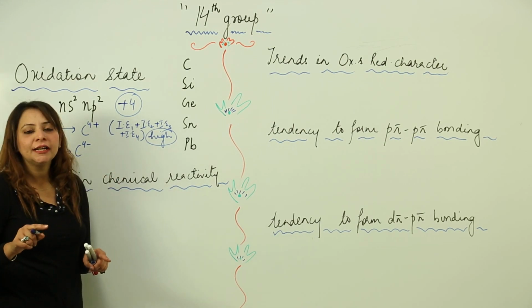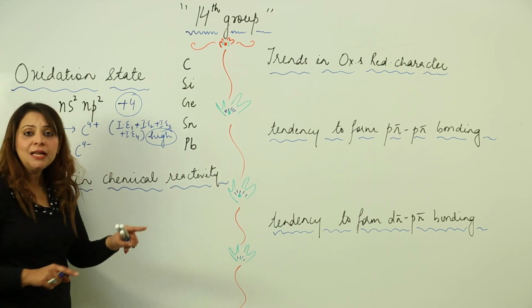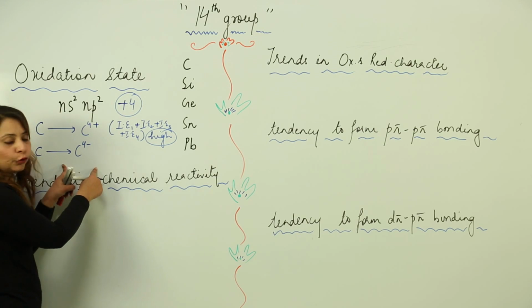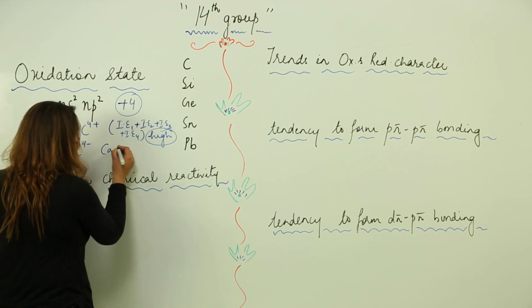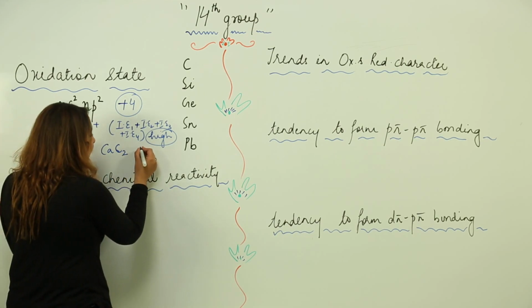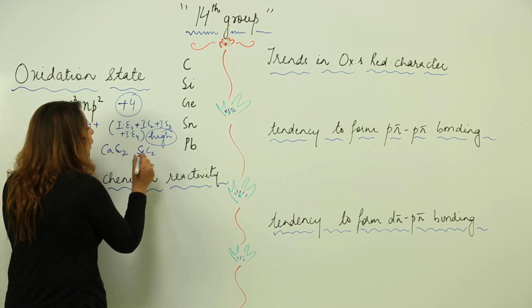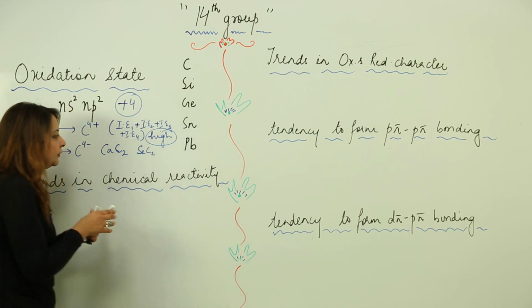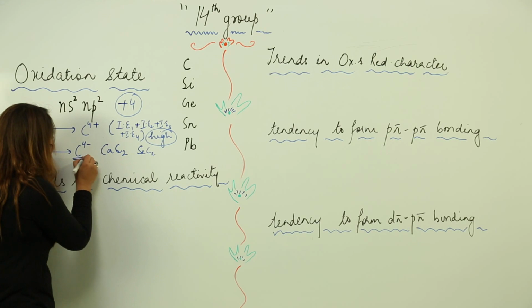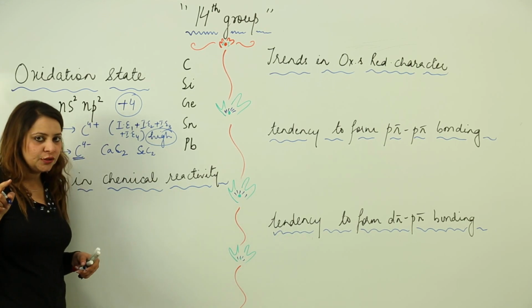Still, you know that carbon forms certain carbides with the general formula C4-, like calcium carbide, which exists in nature, and silicon carbide, which also exists in nature. So we have certain carbides where carbon exists in the -4 oxidation state.